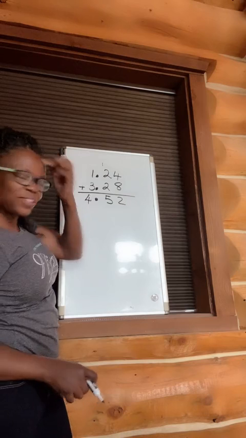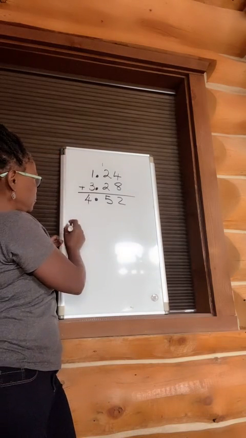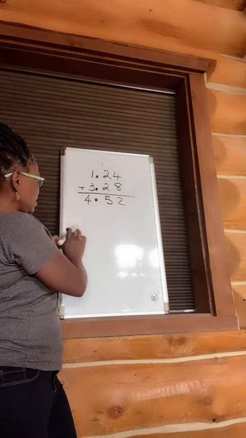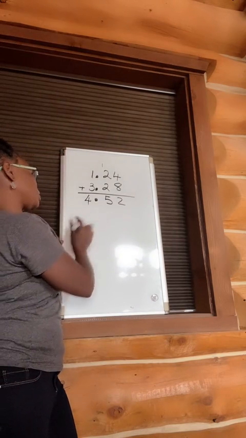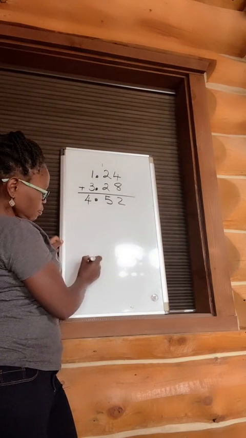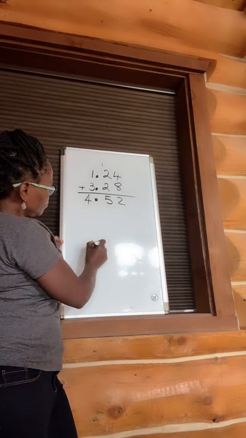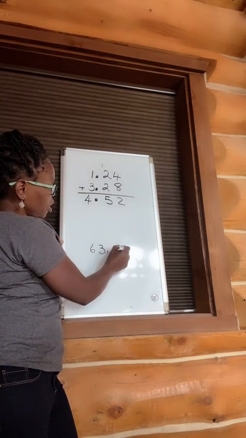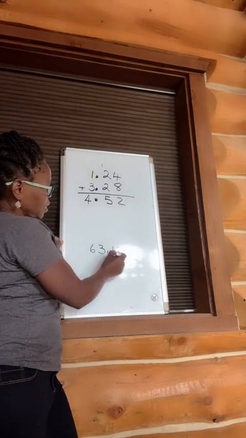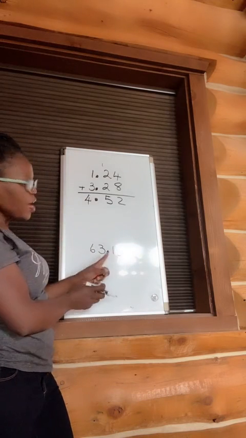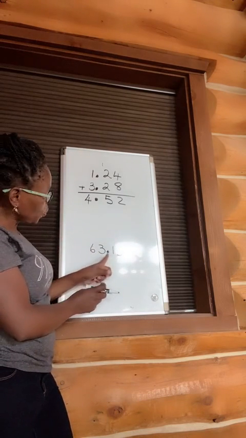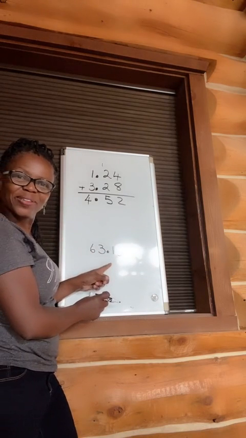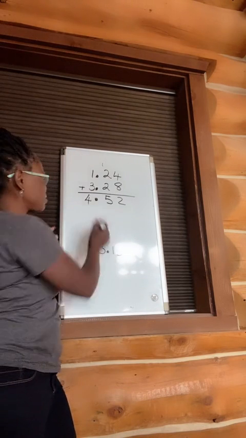Okay, now let's add. Let's say, for example, you wanted to add a number like 63.15. How would we add this? We align the decimals.